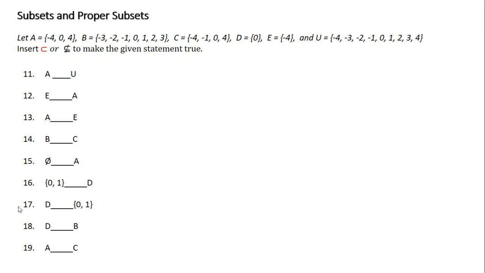A and U. A is just -4, 0, 4 and U is my universe. So to make this a true statement, A is a proper subset of U. And why is it proper and not just a subset? Because U has other elements that are not in A, right? So this makes my statement true. How about 12?